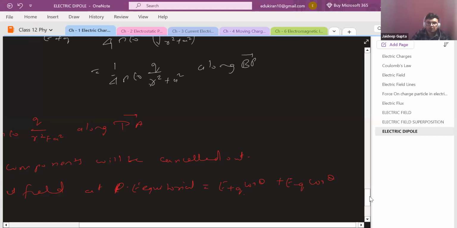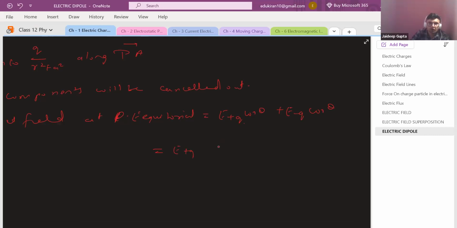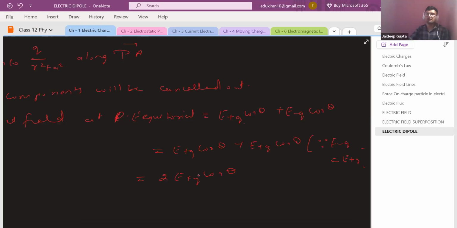Both are equal in magnitude, since E minus Q equals E plus Q. So we can write 2 times E plus Q cos theta. Any doubt till here?